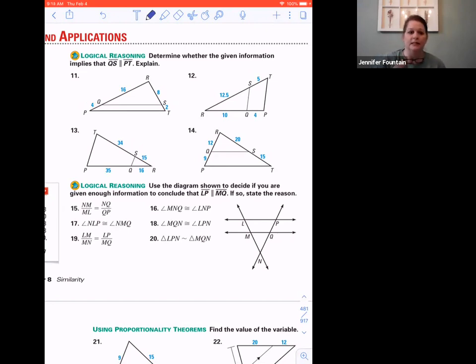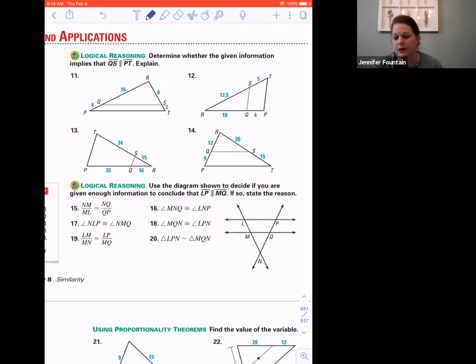So I'm basically just checking, are my sides proportional? Is this segment over this segment proportional to this segment over this segment? If it is, they're parallel. Again, you're just checking to see, are my sides proportional? If they are, then my lines are parallel. If they're not proportional, then they are not parallel.